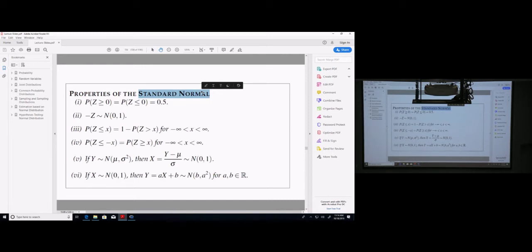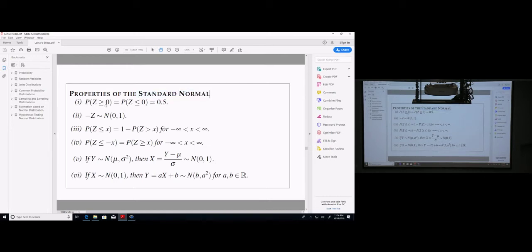A normal distribution with mean 0 and standard deviation 1 is what we call a standard normal, all right? Why is it called standard normal? Because all the other normal distributions can be changed back to the standard normal. It is actually a technical term.